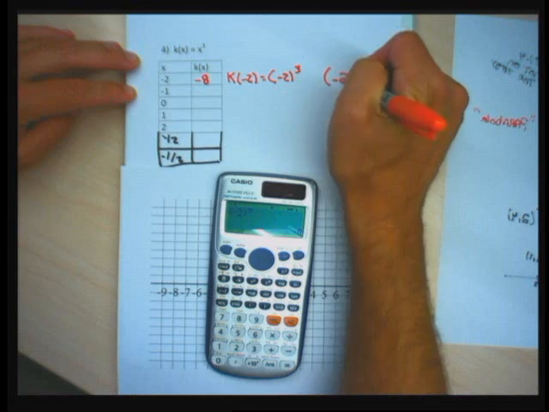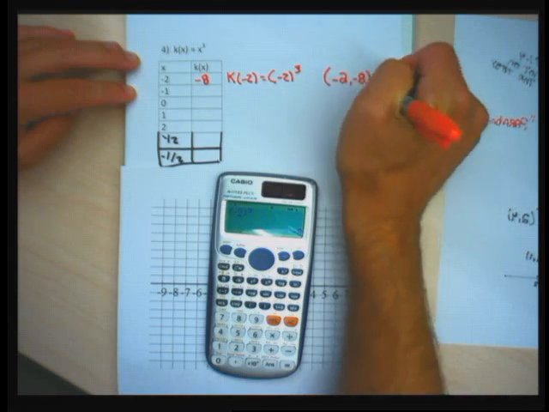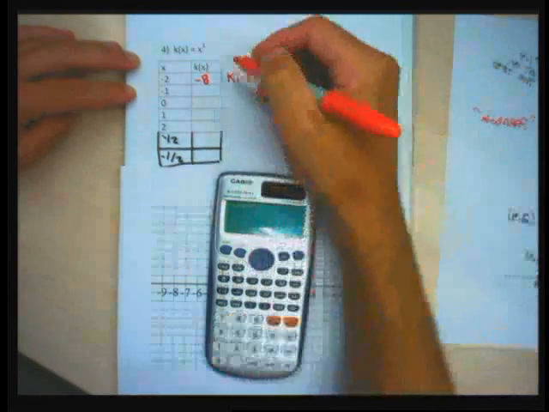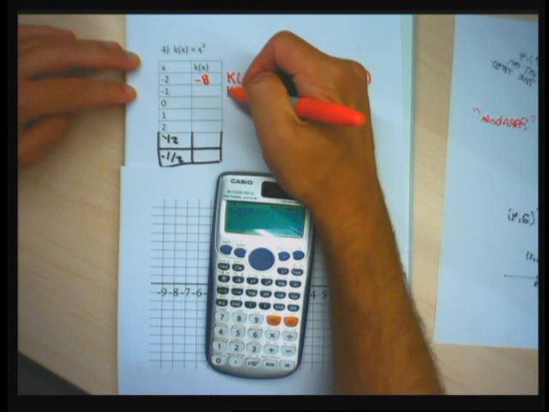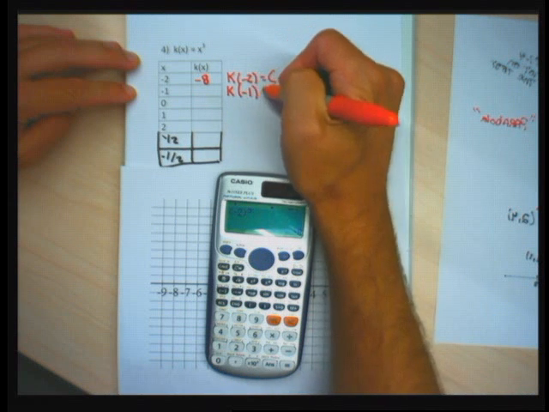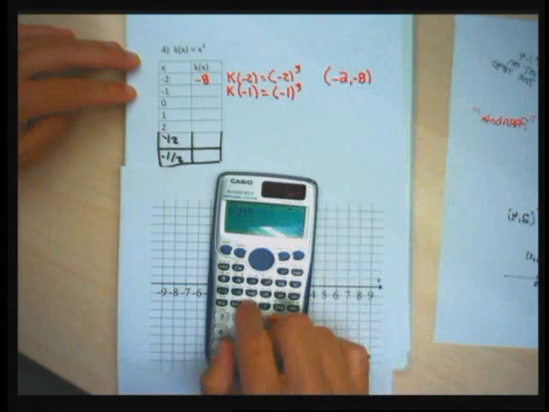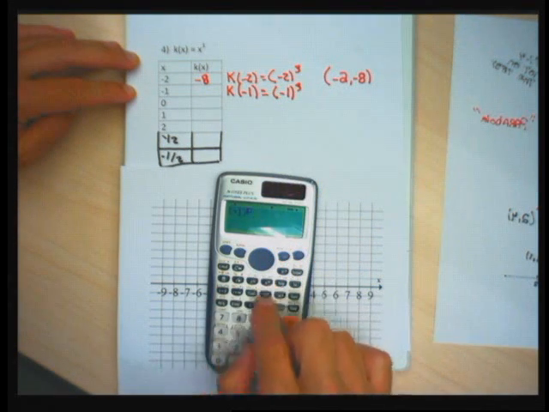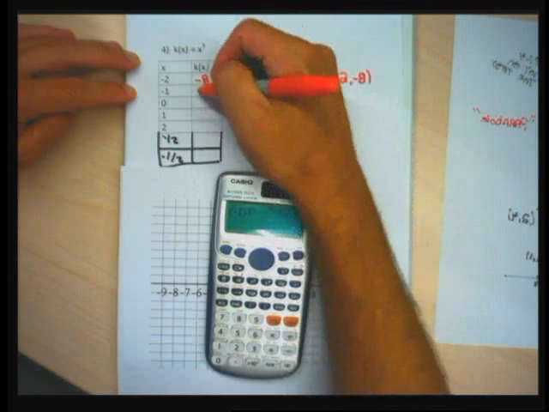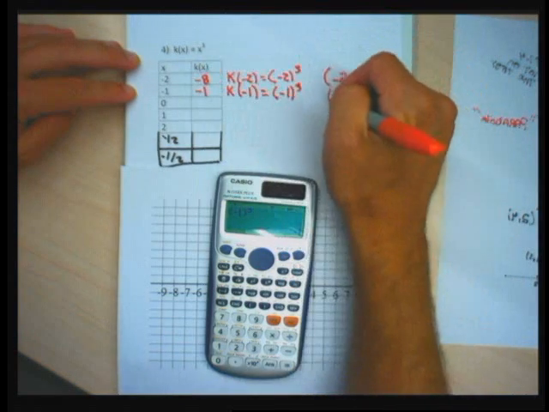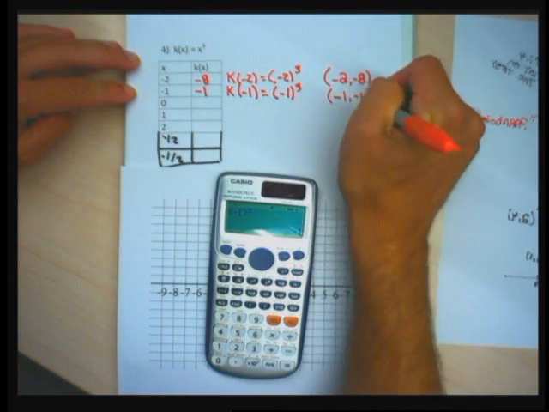Eventually I'm going to plot the point negative 2, negative 8, but I'll hold off because I have my graph covered. Next thing I'm going to do is plug in negative 1. I'll get negative 1 cubed, and negative 1 cubed is negative 1. So I'm going to plot the point negative 1, negative 1.